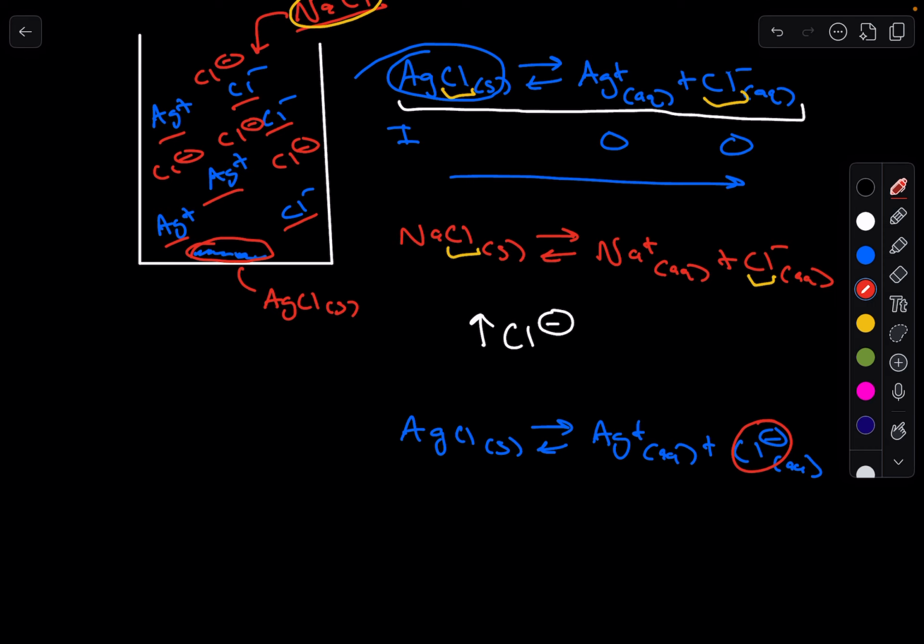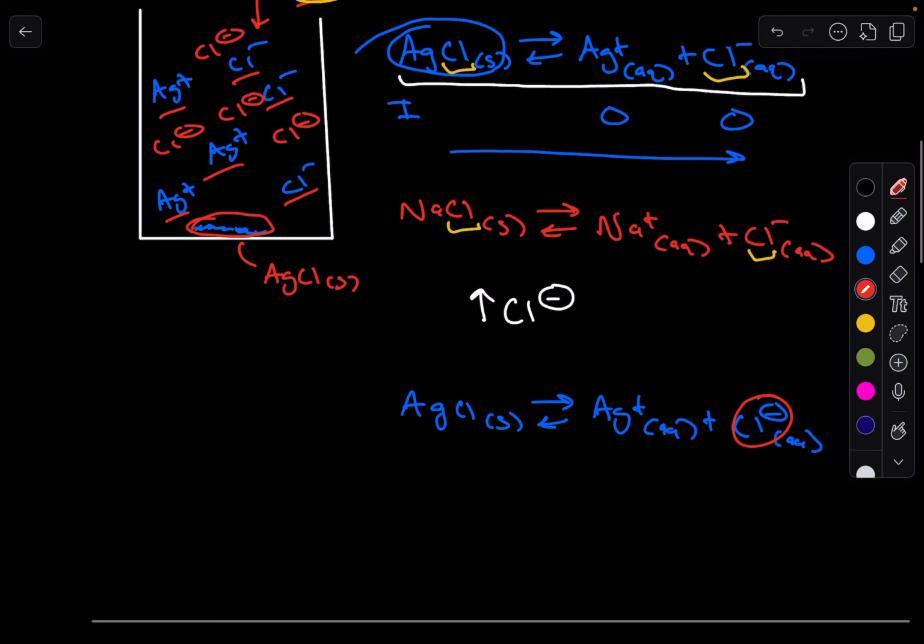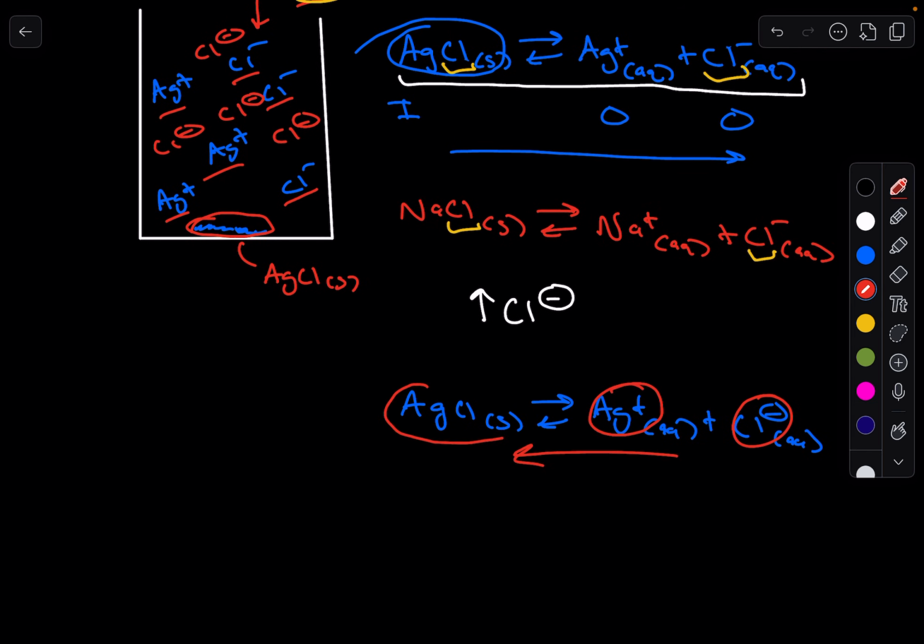And the only way it can get rid of the excess chloride ions is by reforming it back with silver to make silver chloride again. So it's going to make more of the precipitate down here.